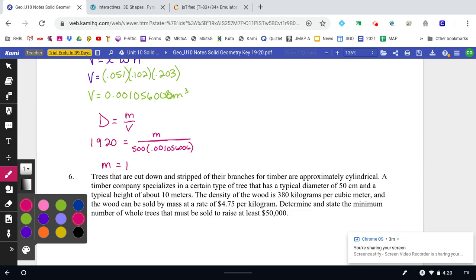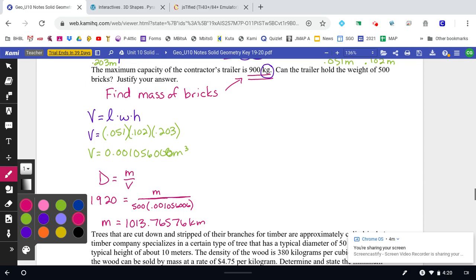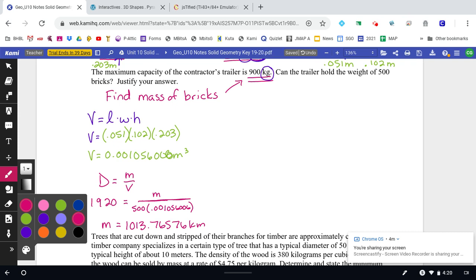So my mass is 1,013. All right, so does the truck have the capacity? The answer is no. The trailer cannot hold the 500 bricks.